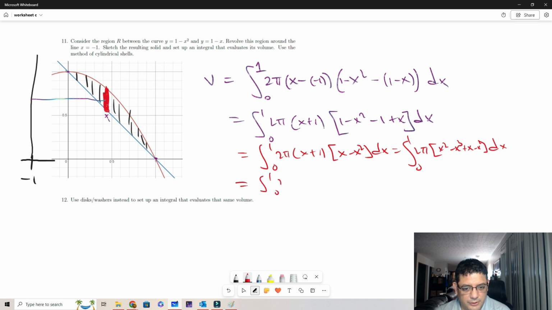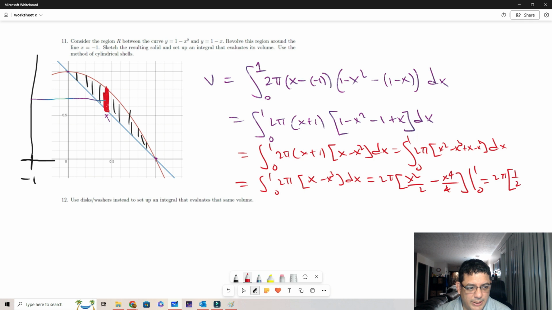And it's going to be 0 to 1, 2 pi of x minus x cubed. And so that'll be 2 pi, and x squared divided by 2 minus x to the 4 divided by 4, between 0 and 1. And of course, that's going to be 2 pi times 1/2 minus 1 over 4, or this is going to be 1 over 4. So everything ends up being pi half.